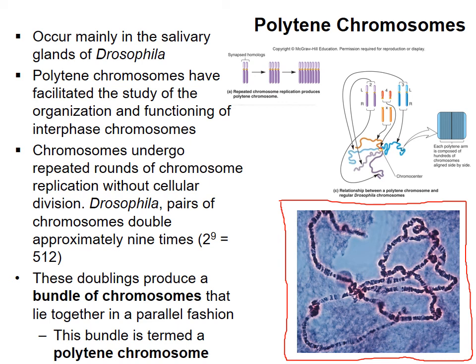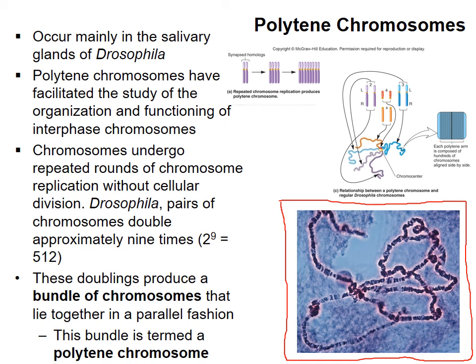It is taken from the salivary glands of the Drosophila, the fruit fly, and what we see happening is within the salivary glands, the chromosomes will continue to replicate within the cell without actually doing cellular division. So as the end result, we see a massively enlarged chromosome that makes it very easy to view under a light microscope.